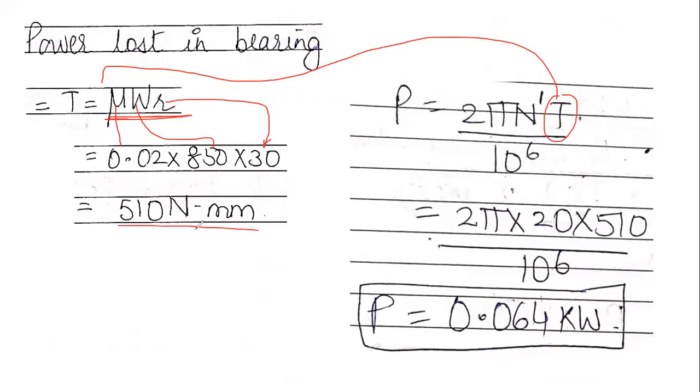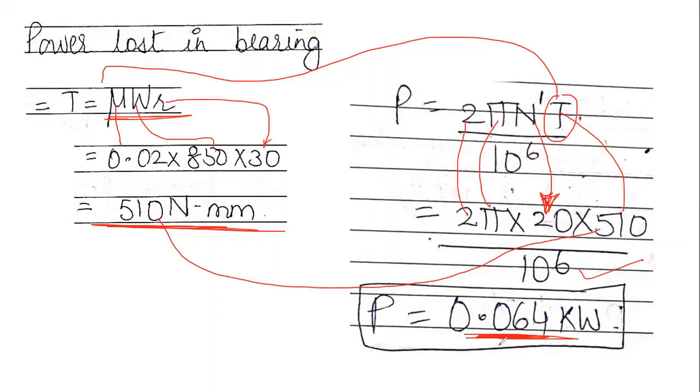So once you do the multiplication in your calculator, you'll get 510 Newton mm. Next, 2 into pi into revolutions per second, we have taken as 20, times the torque we just now found out, which is 510 divided by 10 raised to 6. So the power lost will be 0.064 kilowatt.